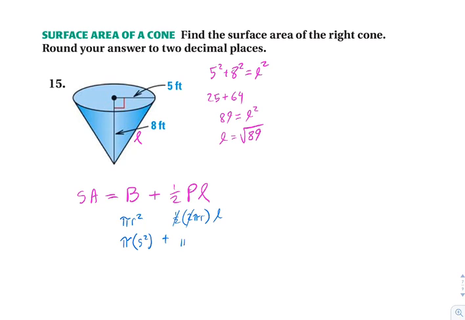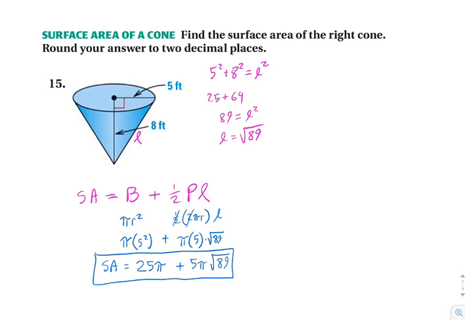So I get pi times r, which is 5, times L, which is square root of 89. So I get 25 pi plus 5 pi square root of 89. And you can absolutely approximate that, but I like to leave it as an exact answer. So there's my exact answer. I know it says answer in 2 decimal places, and you can plug that into a calculator.